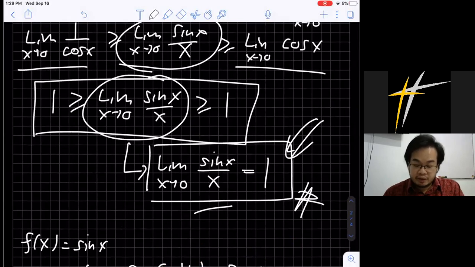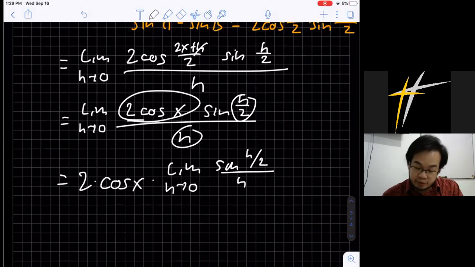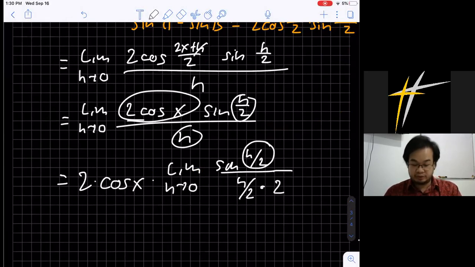Now this is where the property comes in. If the argument of the sine is equal to the denominator, then sine x over x, when the limit of x approaches 0, has a value equal to 1. The argument here is h over 2. To use that formula, we need h over 2 in the denominator, right? Of course we cannot change the value, so we multiply by its inverse.